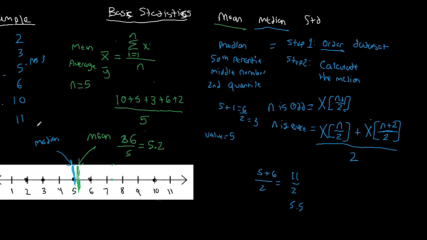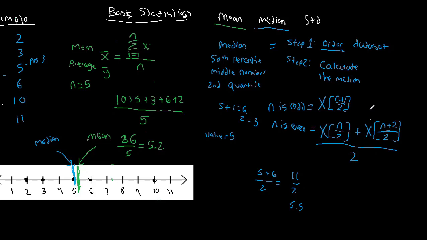So you can see here, by adding an 11 on the end, making our n even, we've increased the median from 5 to 5.5, which is the number in between 5 and 6, because there's no single value when n is even. You have to take the average of the numbers on either side.